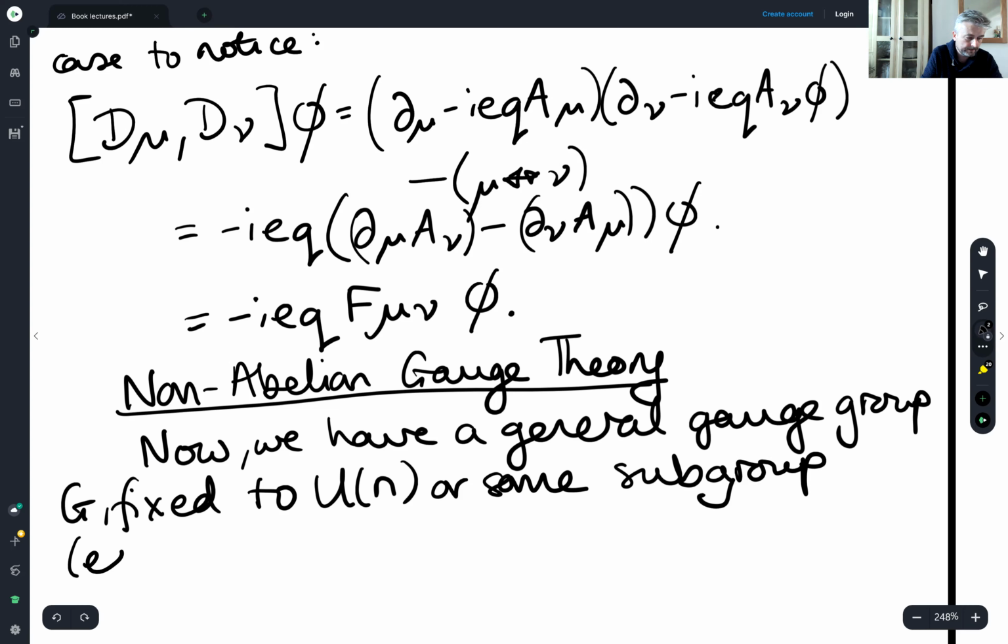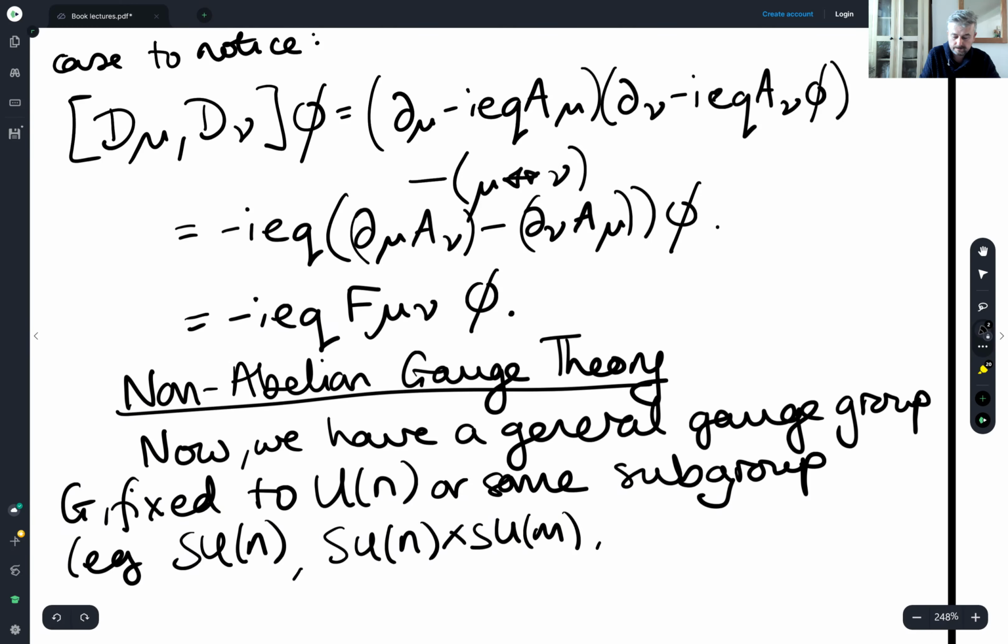So for example, common ones you'll see are SU(N). We could have products. We could have semi-simple products. But actually, let's just take a single simple group for now. It's a bit simpler. There's a trivial generalization to semi-simple groups. So let's just take that. Typically, you'll have things like this.